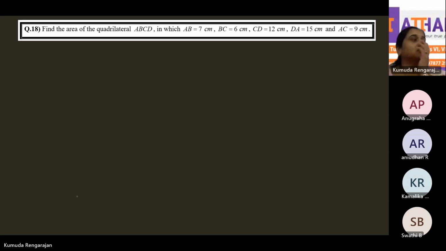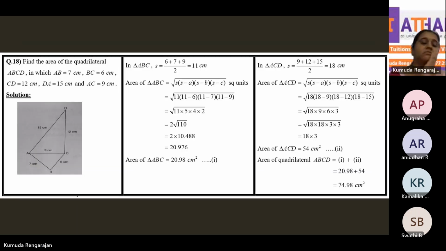Very good. Don't get confused by the diagram. Diagram will be different. Look at the answer alone. Check your answer alone, children. Diagram will be slightly different. All of us will have different diagrams. Final answer will be the same.